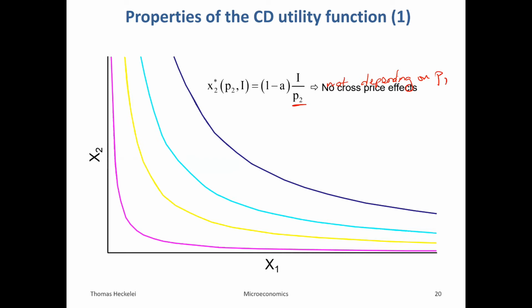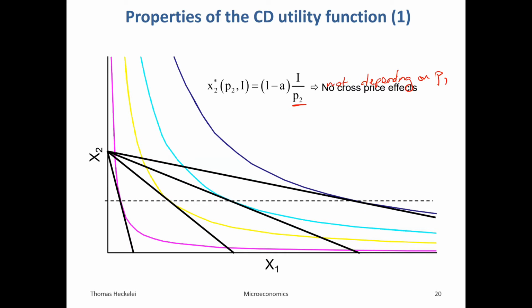Now, what happens when we keep the price of x2, P2, fixed, but we adjust the price of x1? Let's say we decrease P1. If P1 decreases, the point where the budget is exhausted by spending on x1 will move further to the right, but nothing happens with the intercept.